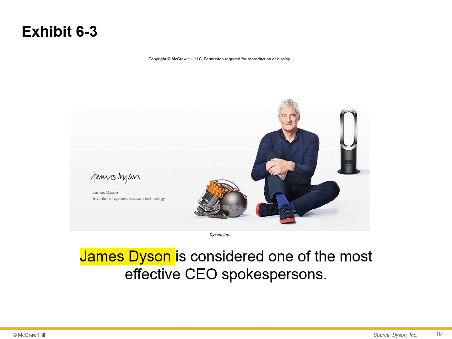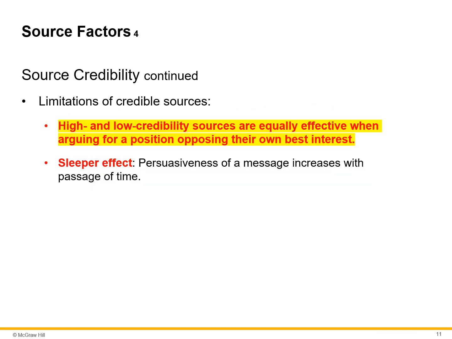It's a bladeless fan. You can see there are no blades, but it actually blows air as a fan. Dyson is considered one of the most effective CEO spokespersons, and they use that for Dyson.